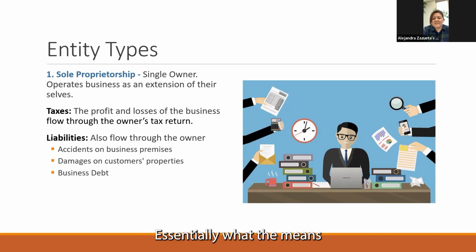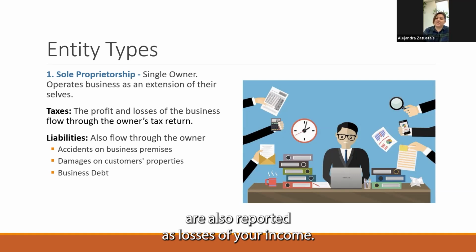Essentially what it means is that it's just one owner and it's an extension of yourself. So the IRS looks at the business and you as the same. Any profits are reported in the individual's tax return as earned income, and any losses are also reported as losses of your income.